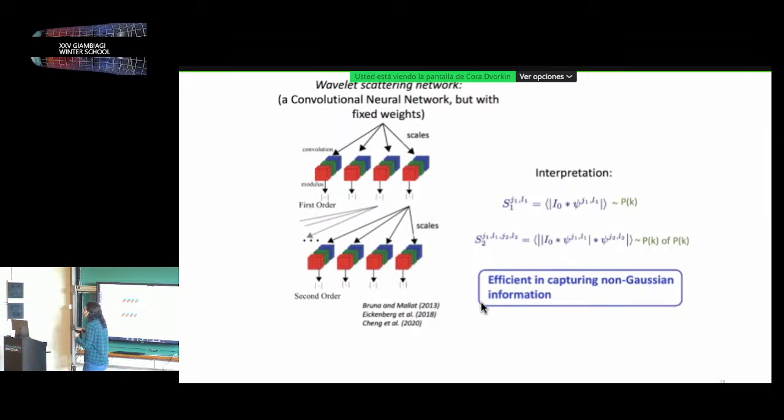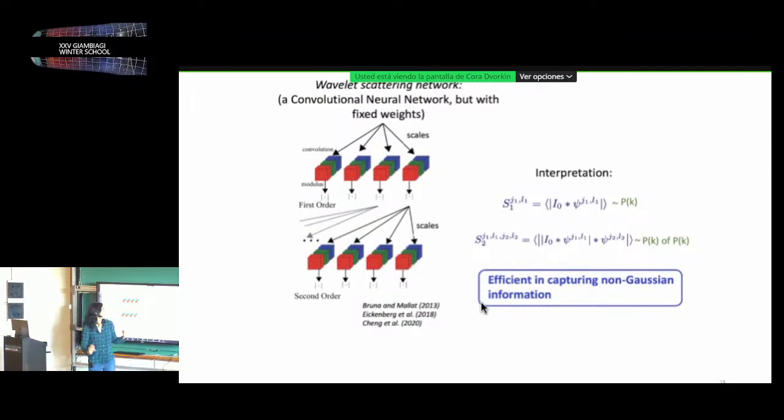The second order coefficients encode information about the clustering of clustered structures. Here we are taking the absolute value of the convolved kernel with the absolute value of the convolved field. And this resembles to some degree the 4-point function, and so on. So we can efficiently capture non-Gaussian information.